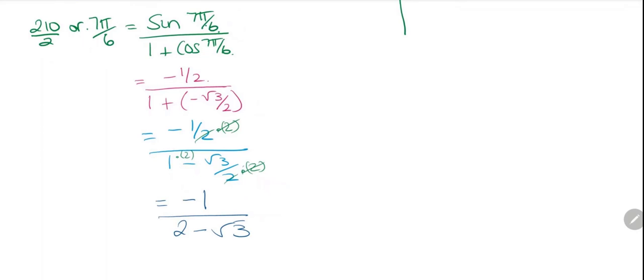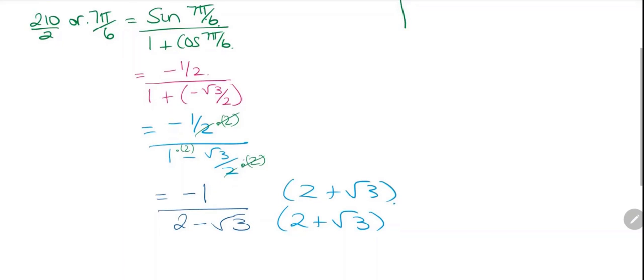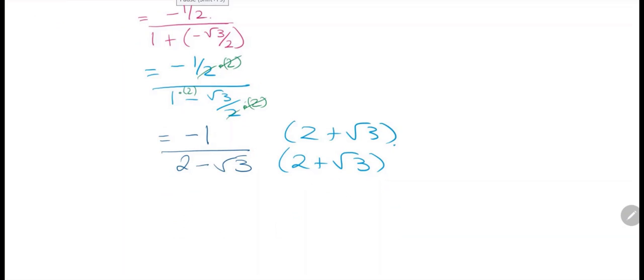Now, I need to rationalize the denominator. So I'm going to multiply by the conjugate, 2 plus root 3. Okay, so we need to multiply out our terms. Minus 1 times 2 is going to be minus 2.